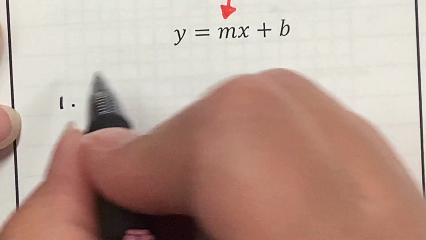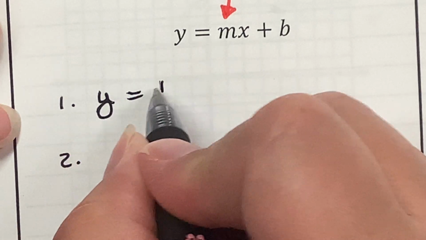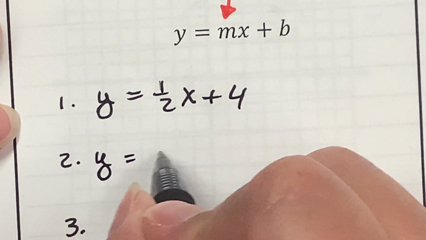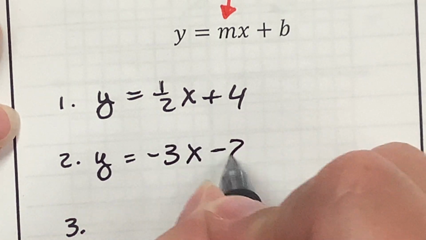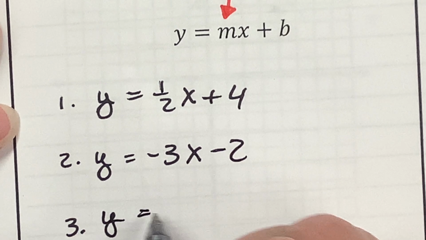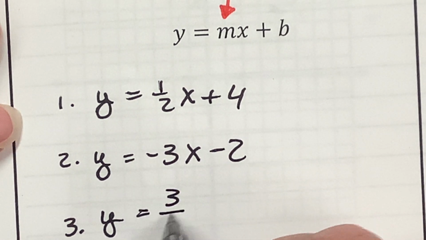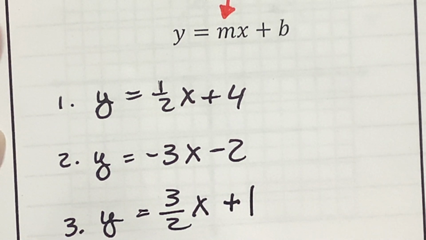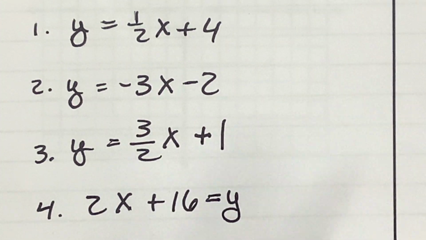Yeah, let's do 4. y equals 1/2 x plus 4. y equals negative 3x minus 2. y equals 3 over 2 x plus 1, and 2x plus 16 equals y. I messed that last one up for you on purpose.